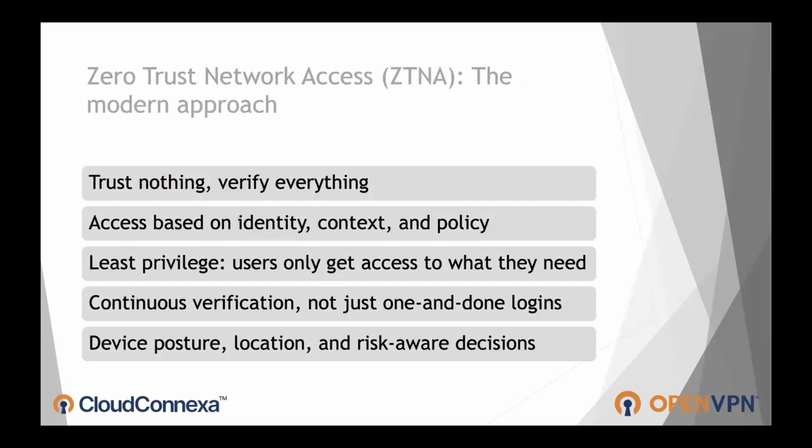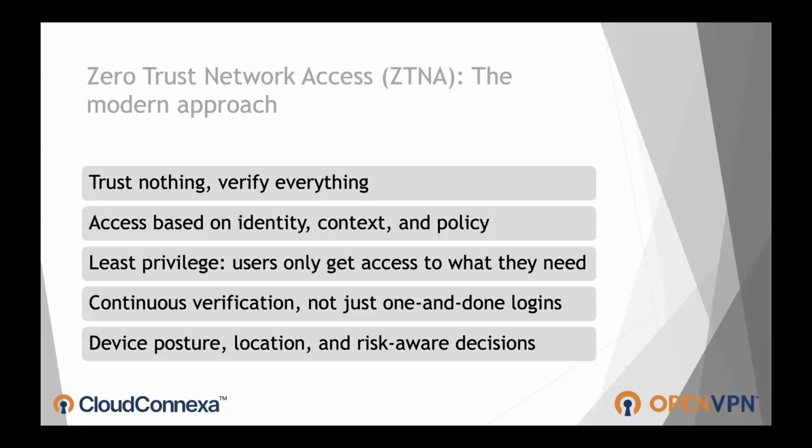So here are some points just to reiterate some of the things I mentioned. Zero trust means trust nothing, verify everything. Don't trust based on where it's connected or the type of device, etc. Always verify, provide access based on the user identity and context, and give users only what they need access to.